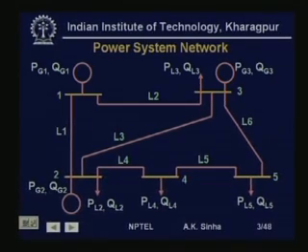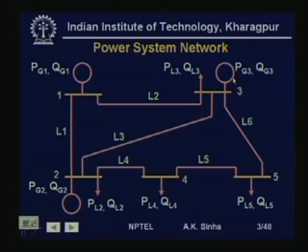Now, let us take a very simple example of a power system network. Here in this network we have 5 nodes: 1, 2, 3, 4 and 5. Some of the nodes have generators associated with them, like node 1, node 2, and node 3.